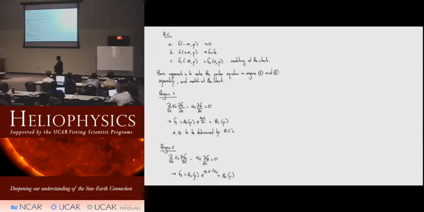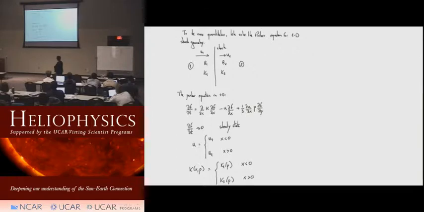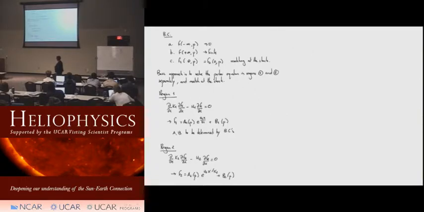So in region 1, upstream, this is my Parker equation when I drop the time dependence, and I'm not going to deal with the acceleration term upstream. I don't have a shock, so I don't have to deal with this, okay? So upstream, I have those terms only, equal to 0.